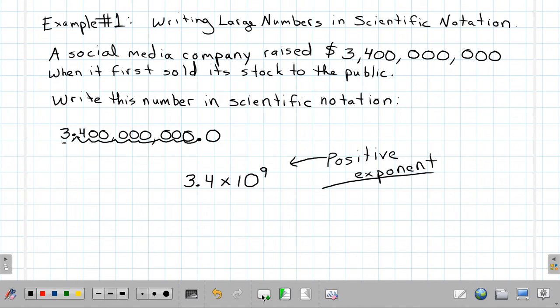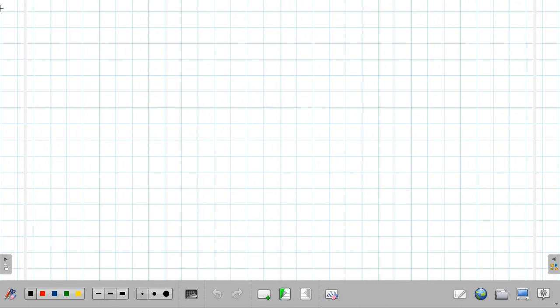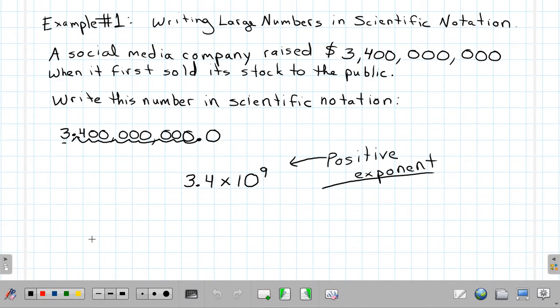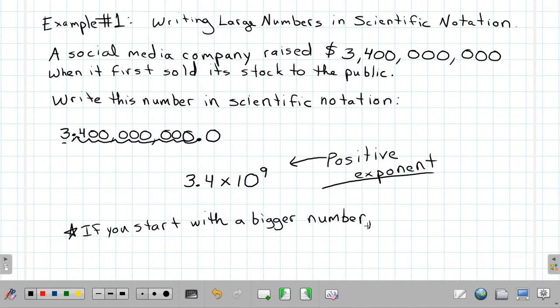Now let's go ahead and look at example 2. Which, let me go back actually, because I do want to make a little note there for you. So in this case, if you start with a bigger number, use a positive exponent.